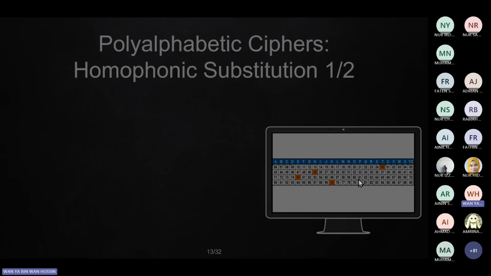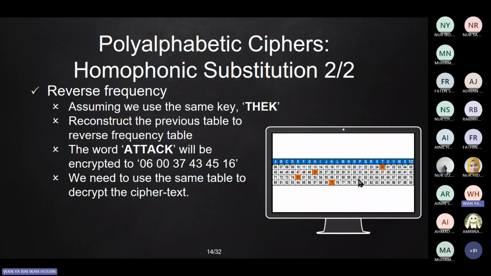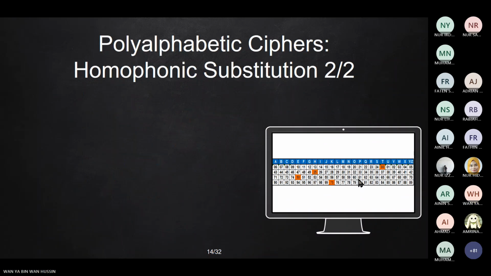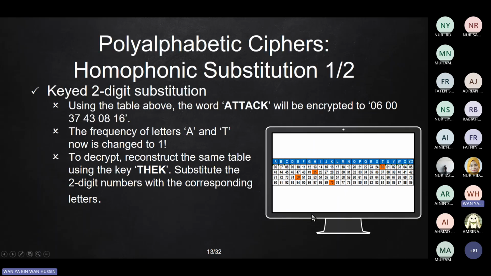All right. The next one is reverse frequency. Okay. Before I forget. Sorry. You see here. The key is what? THEK. So the first group will use T as 00.